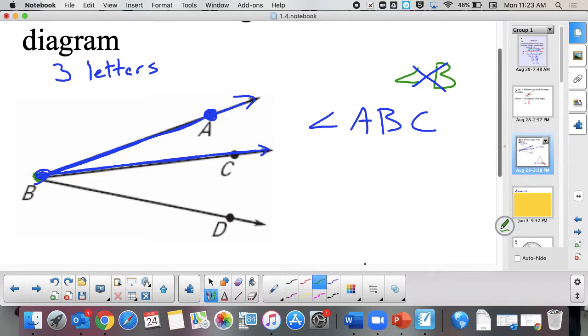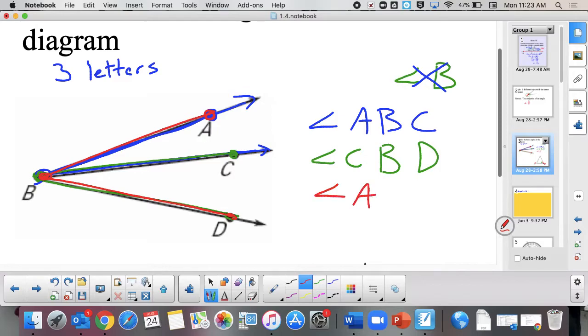To do our bottom angle, I started at C, I went to B, I ended at D. To do the big angle, I started at A, I went to B, I ended at D. So those are the 3 angles that are there.